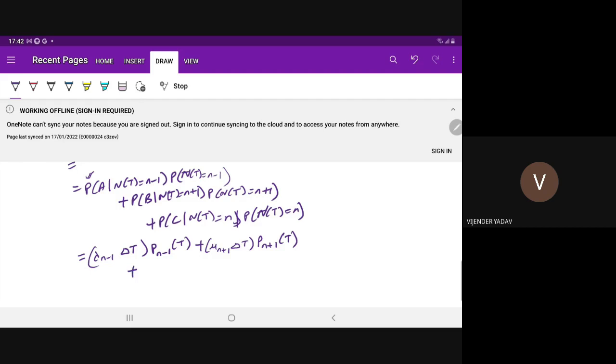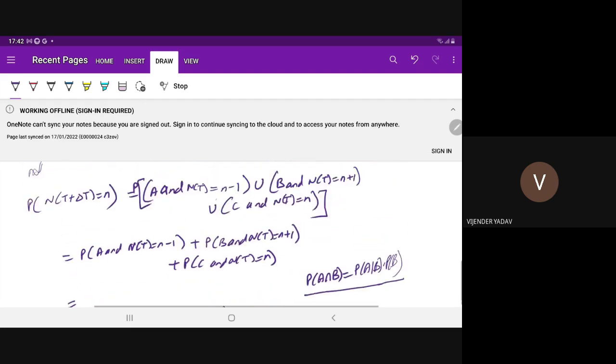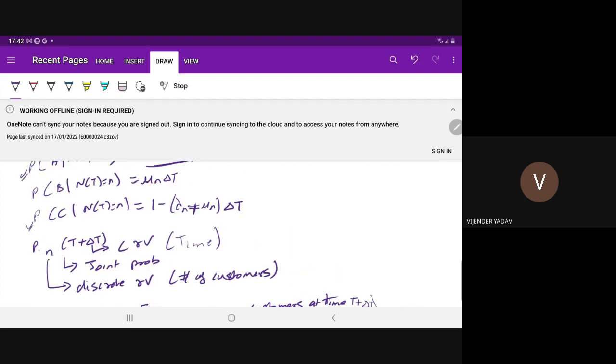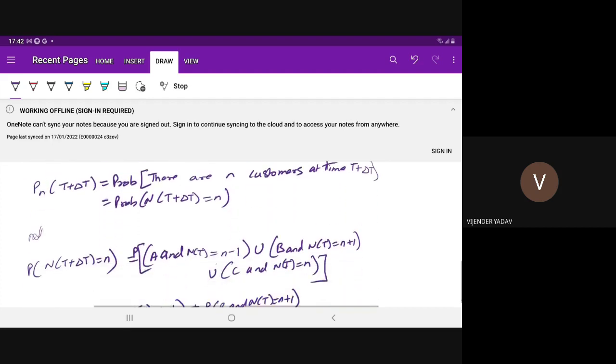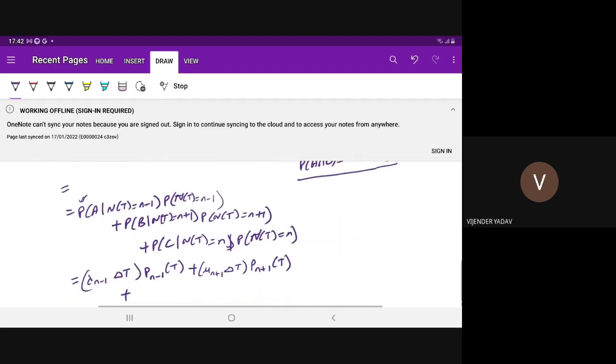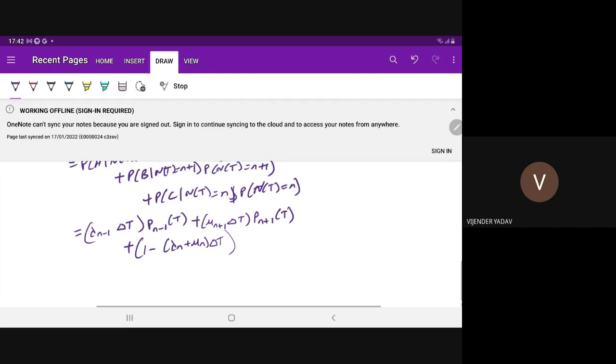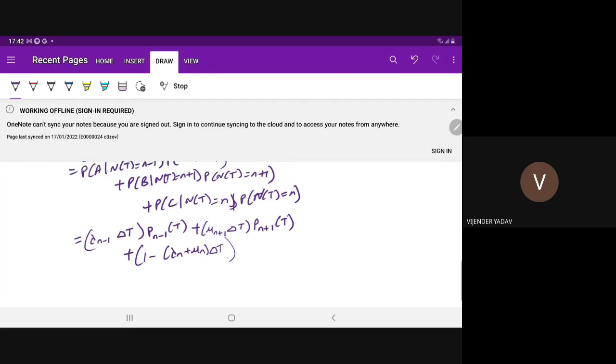Plus P of C given N(t) is equal to n, which is 1 minus lambda n plus mu n into delta t, into p n of t. Clear this part?